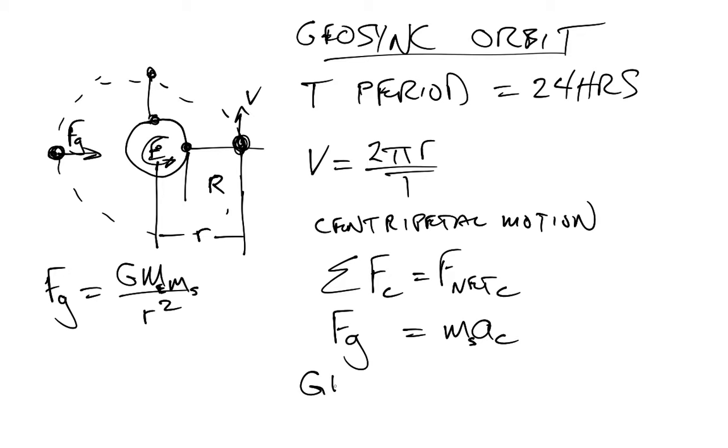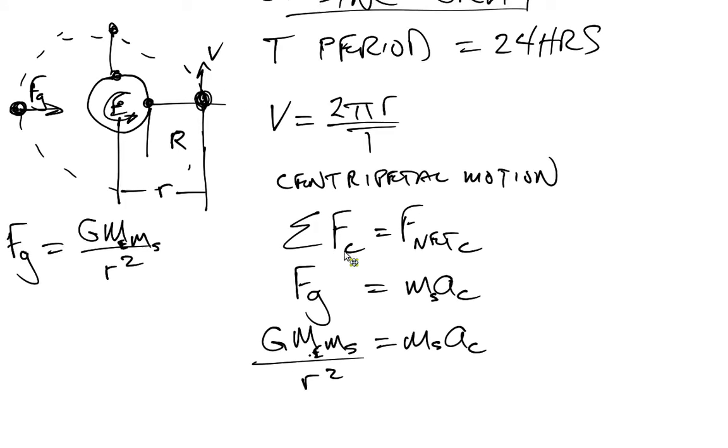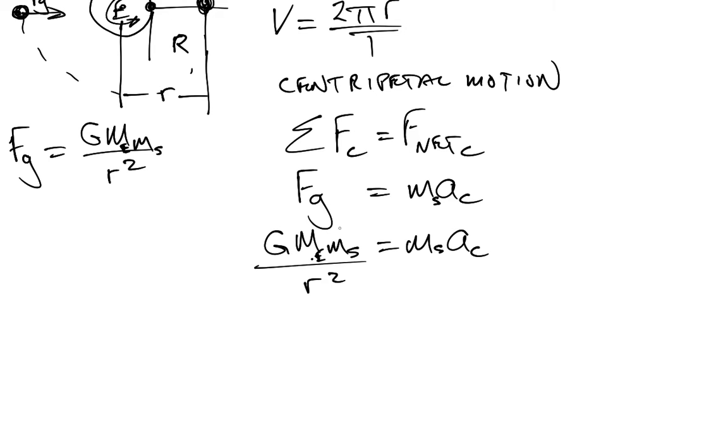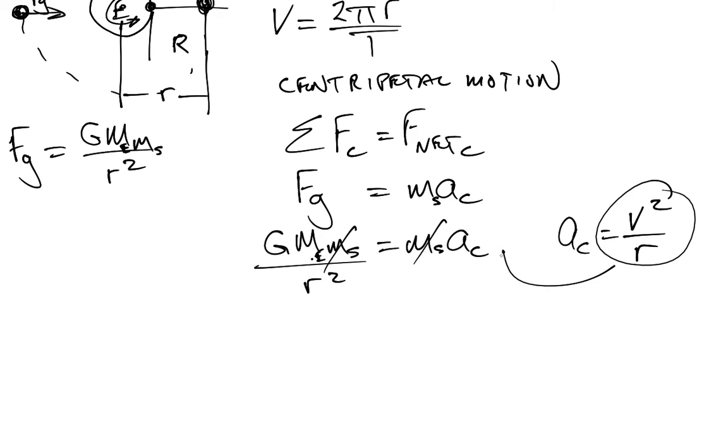So we can replace that. We can say G M Earth m satellite equals m satellite times centripetal acceleration, divided by r squared. Now we can recognize that this mass cancels that mass, and we can also recognize that centripetal acceleration is defined as v squared over r, and we can substitute in this value for the centripetal acceleration here.